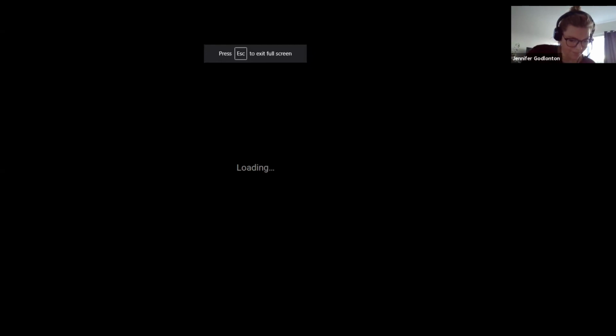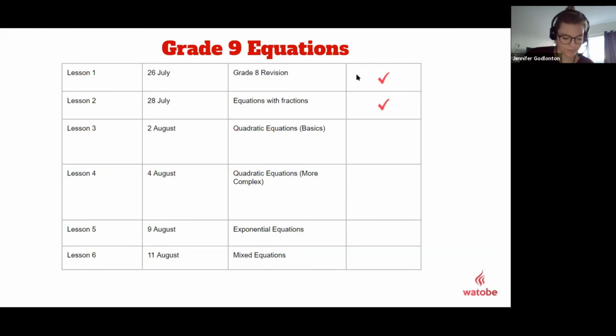So we're doing equations, and of course this is just one section of the work that we're doing. We have many more sections, but for the purposes of these 6 lessons, it's just going to be covering equations.